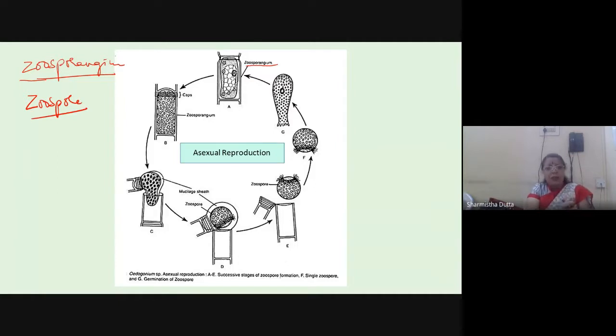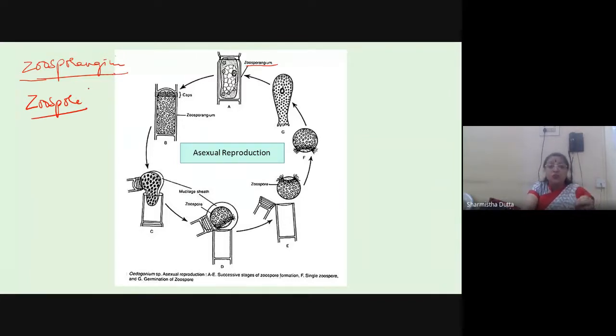They are fixed at a place. The moment they have locomotory structures like cilia, flagella, immediately they are considered as zoospores. So here you find the cell will be called the zoosporangium.